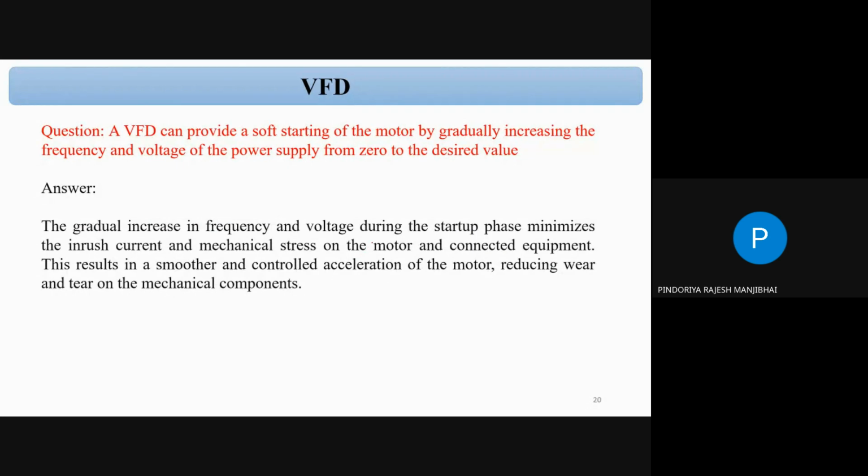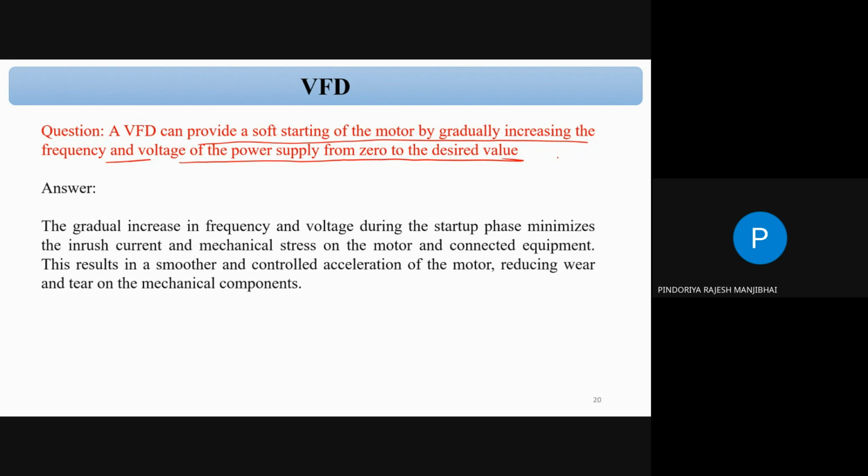And one more thing, Ashish, you told me there is a mathematical relation, correct? But I did not find any mathematical relation for that comparison. The question is, a VFD can provide soft starting of the motor by gradually increasing the frequency and voltage of the power supply from 0 to the desired value.